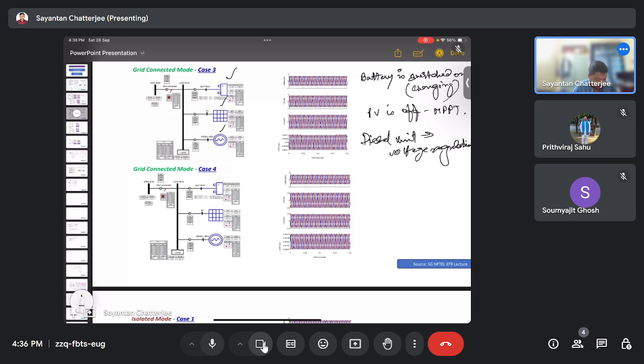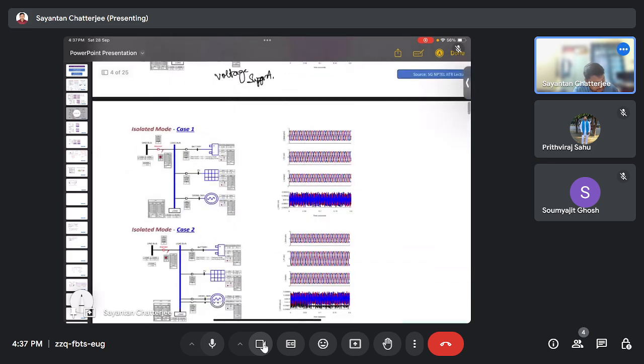So this is the diesel unit, and then we have DR switch ramp, and voltage support. Okay.